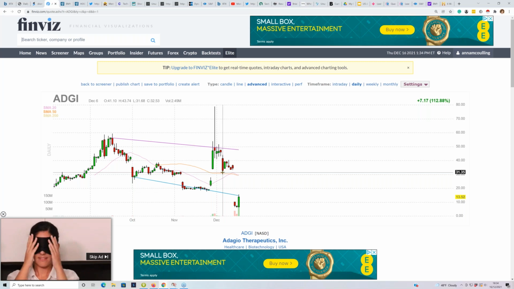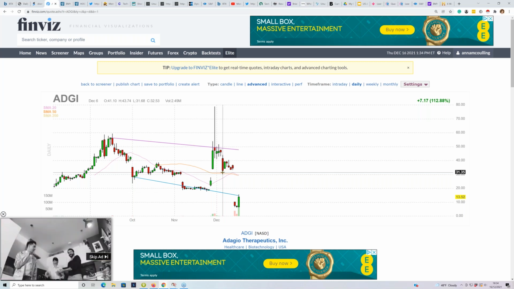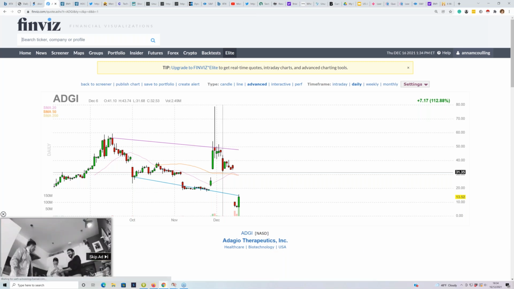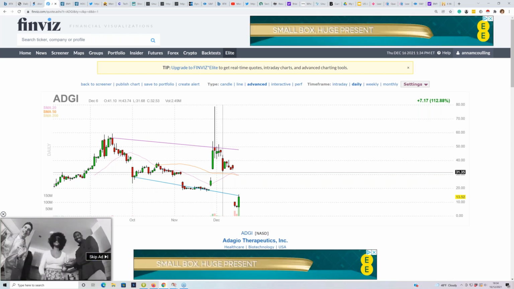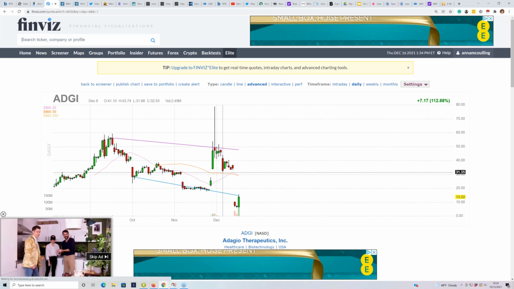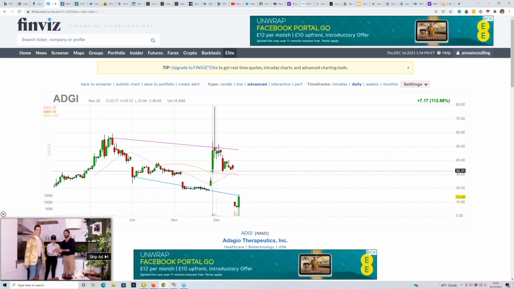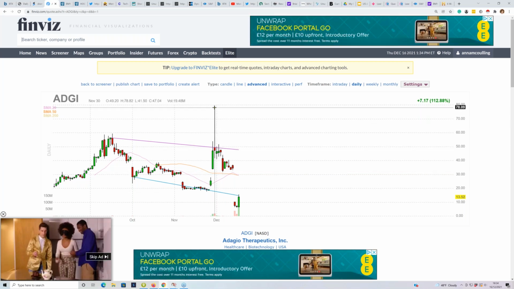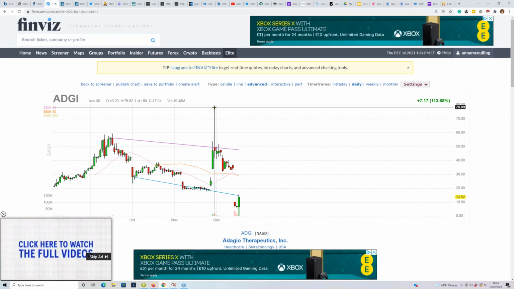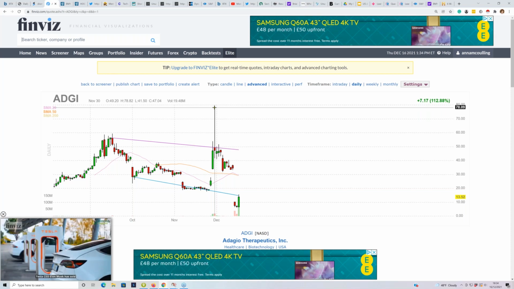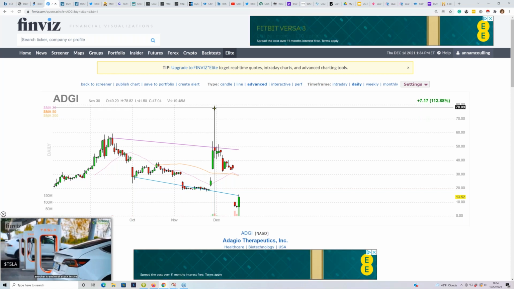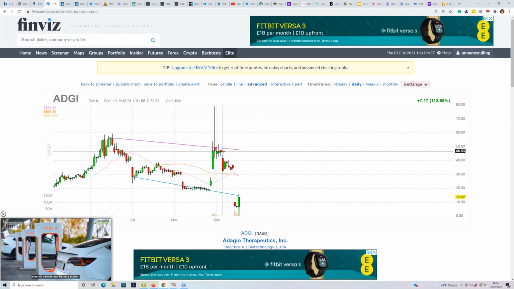And the overriding emotion when something is going down, if you're in a position, is hope, because you hope that it is actually going to turn. The overriding emotion when something is going up is fear. You think, oh God, I hope it stays up there. You're not hopeful, you're fearful. And this is what the insiders and the market makers do.